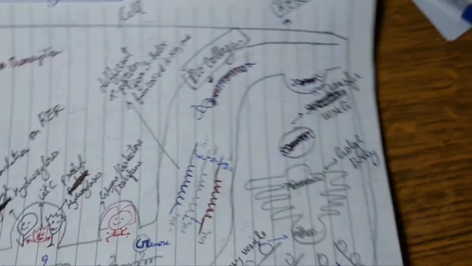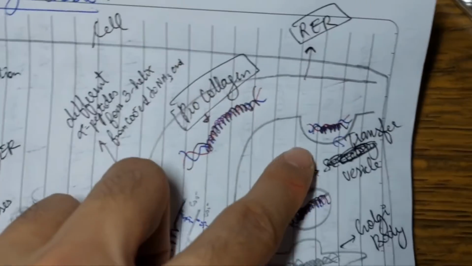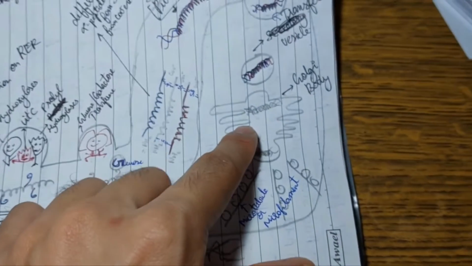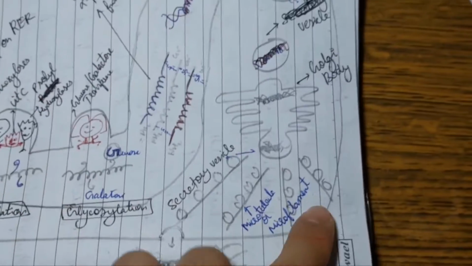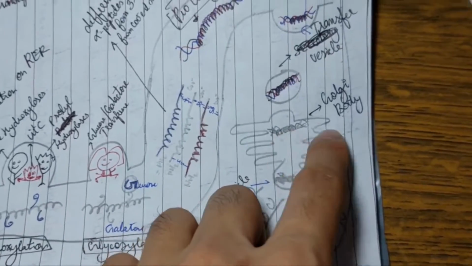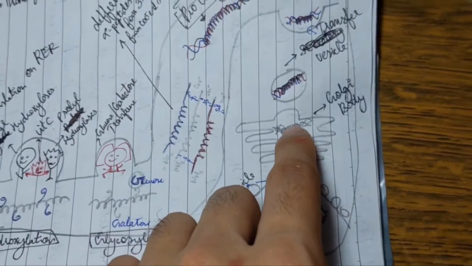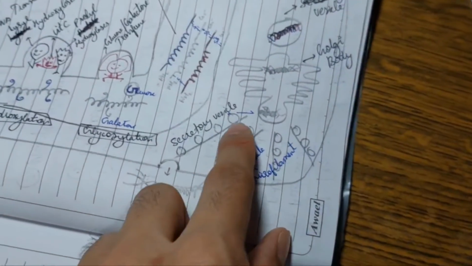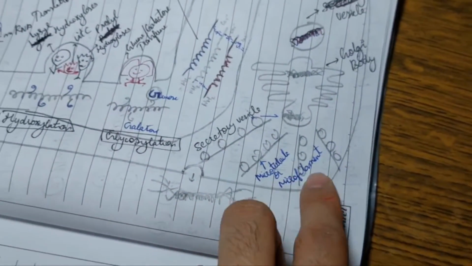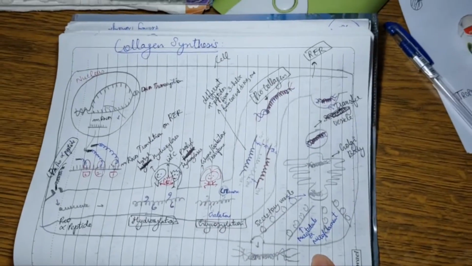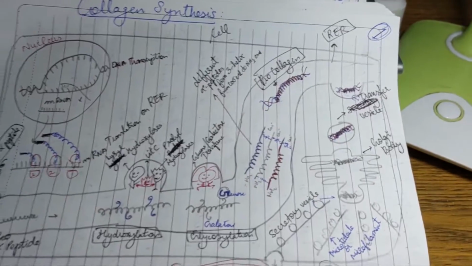Pro-collagen was released from the rough endoplasmic reticulum in a transfer vesicle, which went to the Golgi body, where many monosaccharides called oligosaccharides were attached to it. Then pro-collagen went out of the cell via a secretory vesicle on a special transport mechanism called microtubules or microfilaments. So this was the intracellular part of collagen synthesis.